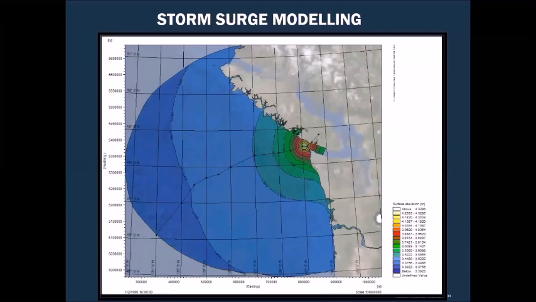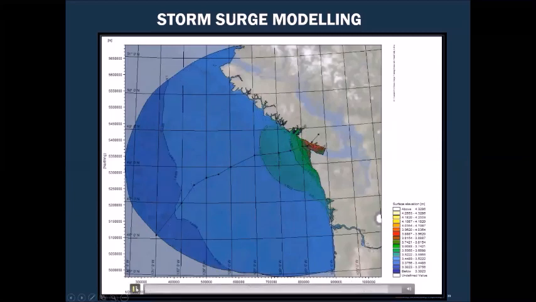And when the storm is coming close to the shore, the number right here is 3.8 meters, which means that we have a storm surge of about 0.8 meters in this area.